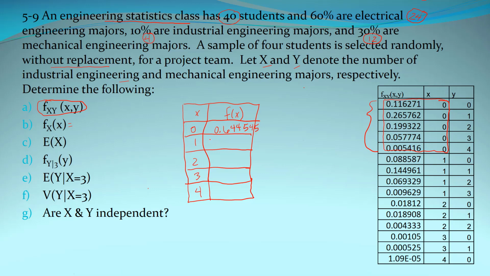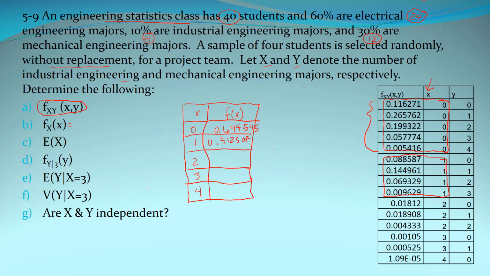And for 1, we're going to get 0.312507. What is that? We're taking this right here, adding all the probabilities of x is 1 together, and that's what we're getting here.